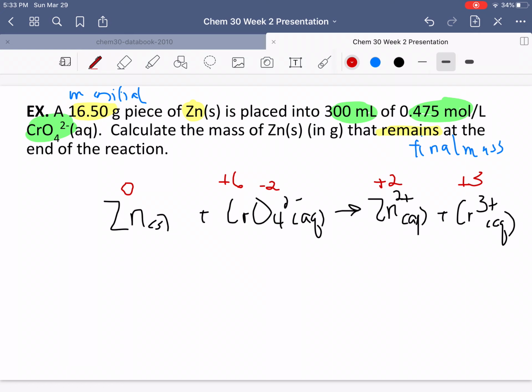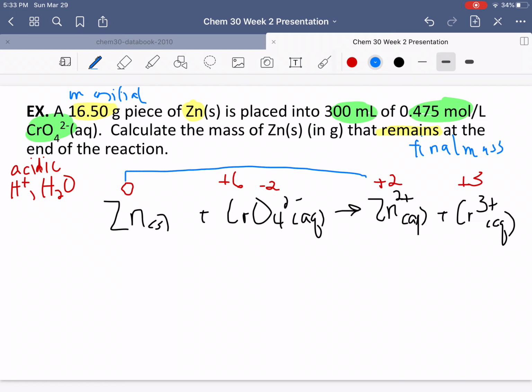There's a couple assumptions that you can make in order to do this properly. The first thing that you can assume is that this is acidic conditions, which means that we can add H+ where we need it, and we can add liquid water where we need it. So keep those two things in mind. All right, keep on going. Check out what's happening from an oxidation number perspective.